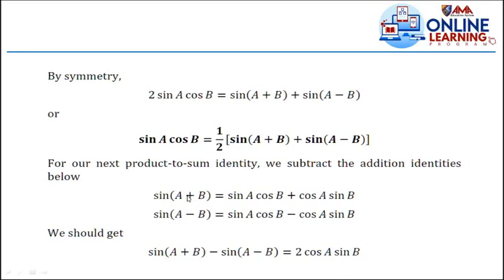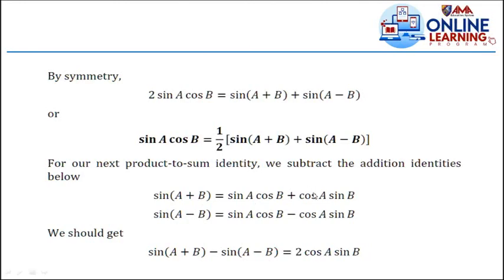When we subtract these two, sine A plus B minus sine A minus B, this time the sine A cosine B terms cancel. We change the subtrahend, so this one becomes positive, and then proceed as in addition.